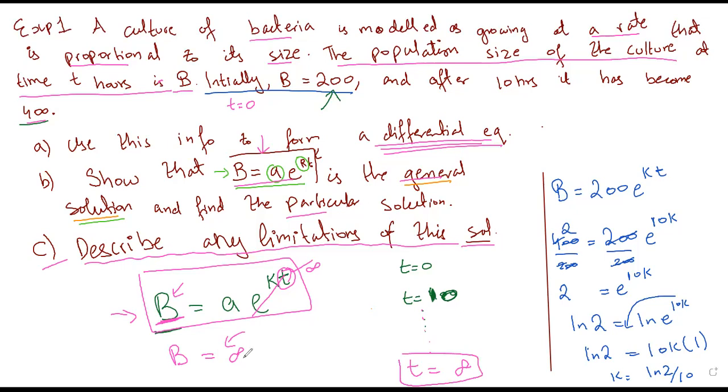This model was designed to find the size at a particular time, but for such a time, we would fail in finding the exact size. It would just tell us that it is infinity and not a particular value. So this is why it is a limitation of this solution, right?